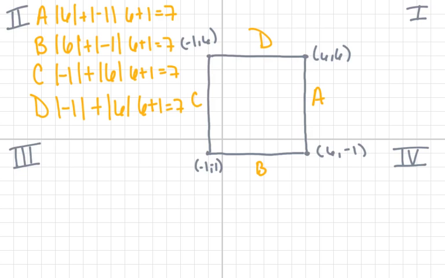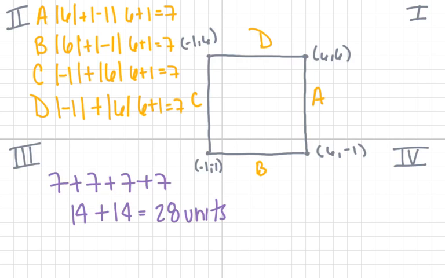And side D is the absolute value of -1 plus the absolute value of 6, which is 6 plus 1, which equals 7. And now we're going to take all our 7s and add them all together to find the perimeter. And when we chunk this together, it becomes 14 plus 14, which equals 28 units. So our rectangle square fits the criteria that we were given.